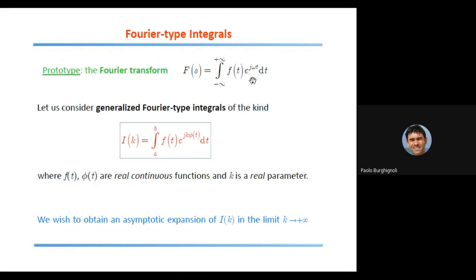We will generalize this to integrals as in the box, where the integration limits can be arbitrary, and the exponent contains an arbitrary function phi of the integration variable t. Okay, so again, we wish to evaluate asymptotically these for large values of the parameter k.